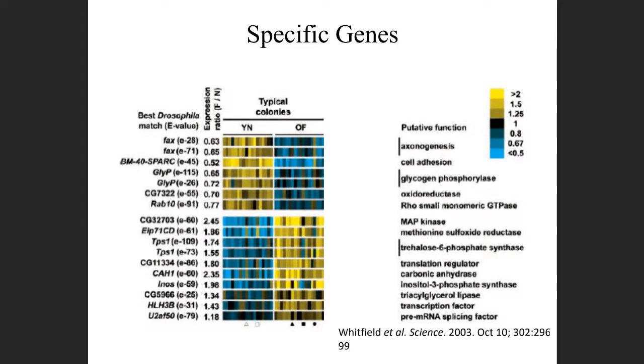And then you go and look at the individual genes and see what their function is associated with in Drosophila. And I don't know all of these enzymes, so I'm not going to be able to give you tremendous insights.